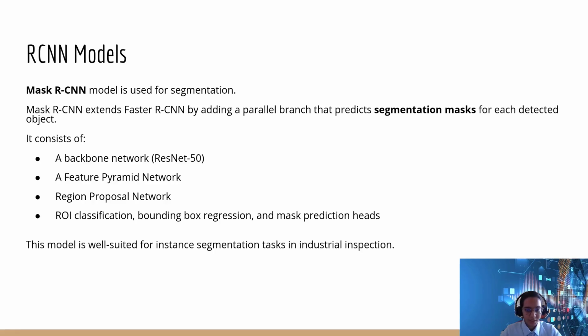A feature pyramid network, which handles objects at multiple scales. A region proposal network to generate the candidate object regions. And ROI heads for classification, bounding box regression, and mask prediction. This architecture is well suited for industrial inspection tasks.